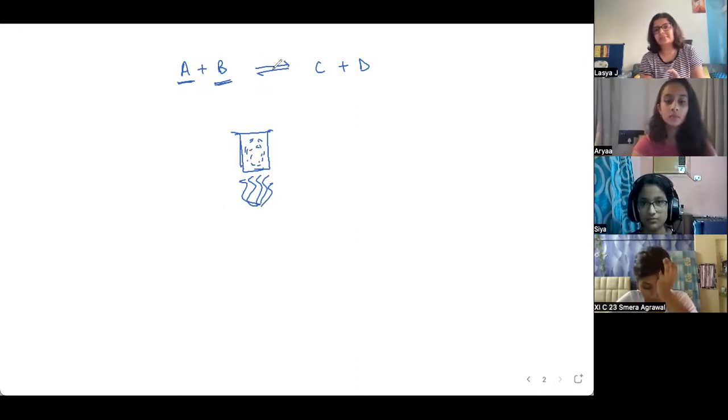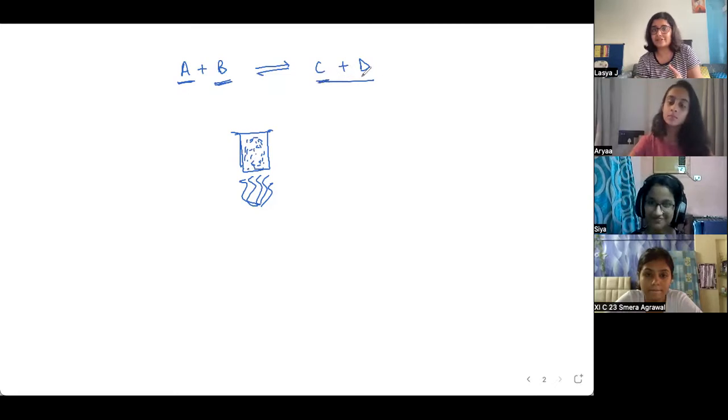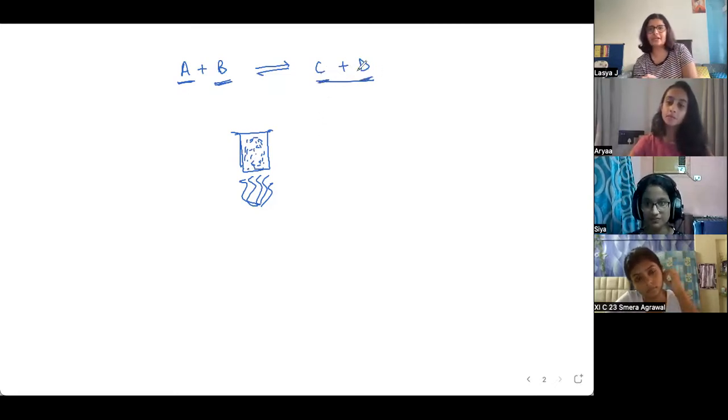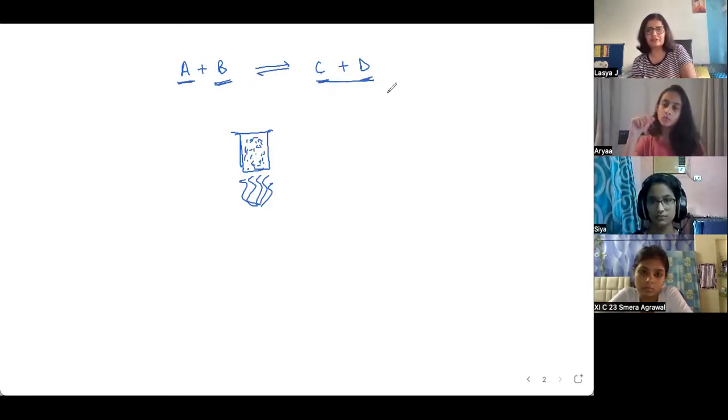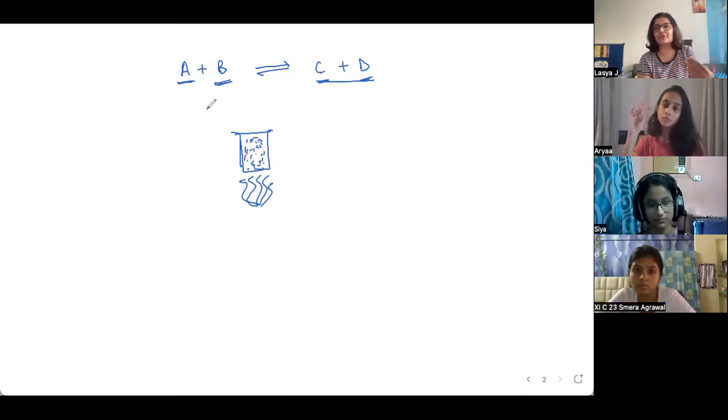But at the same time, C and D are also there in the same vessel, which means you're increasing the kinetic energy of C and D also, so these molecules will also collide, and the speed of the backward reaction will also increase. In that sort of situation, you look at whether it's exothermic or endothermic, and then you can figure out which of the two is going to dominate.